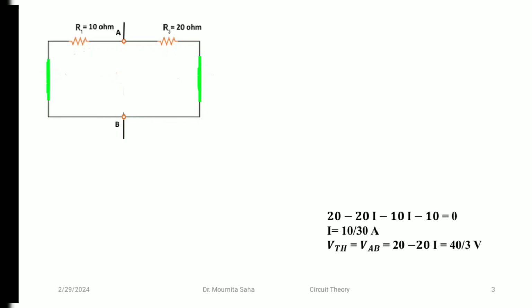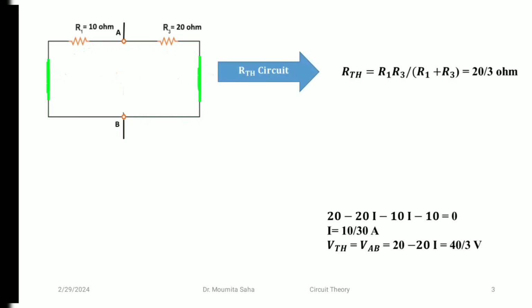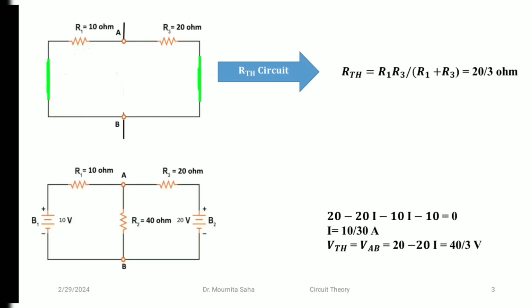So we have removed the branch, and we can term it as the AB points here. We know how to calculate the equivalent of two parallel resistances, that is R1 into R3 divided by R1 plus R3.